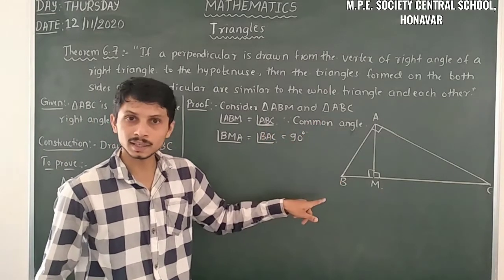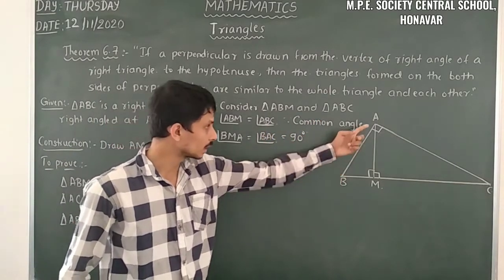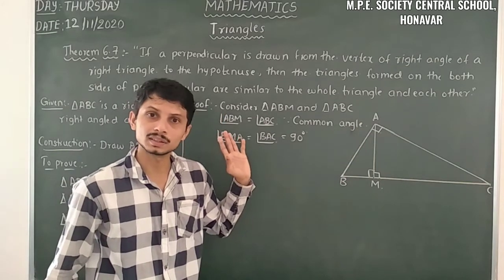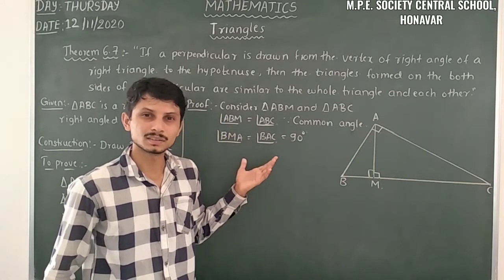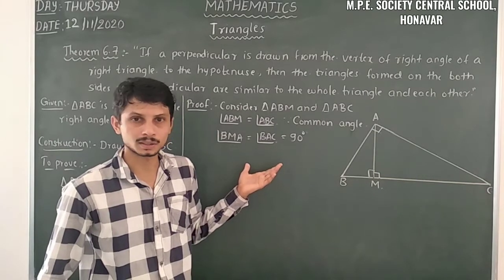And there are other equalities. Just observe here, AB is common for both the triangles. There is no need for that one.